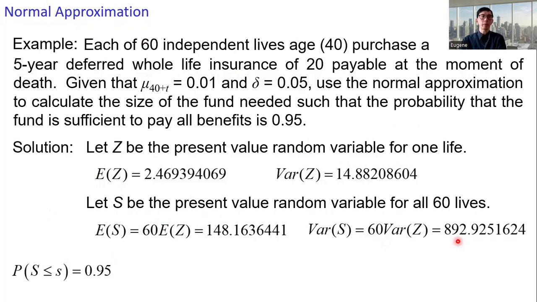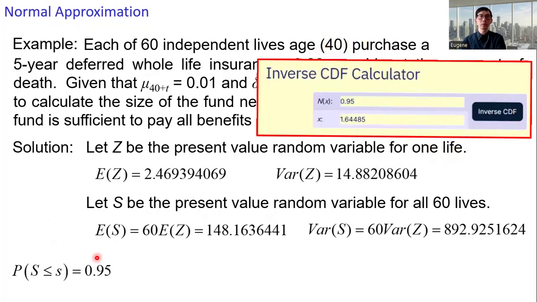We want to get the probability that the aggregate present value random variable S is less than or equal to s. We need to determine this small s. The probability is 0.95. Convert to standard normal. And the 95th percentile corresponds to a standard normal value of 1.64485.